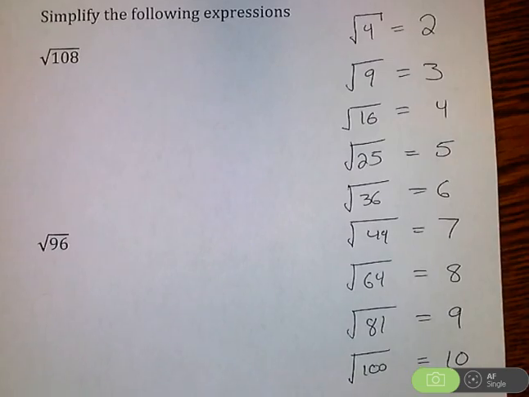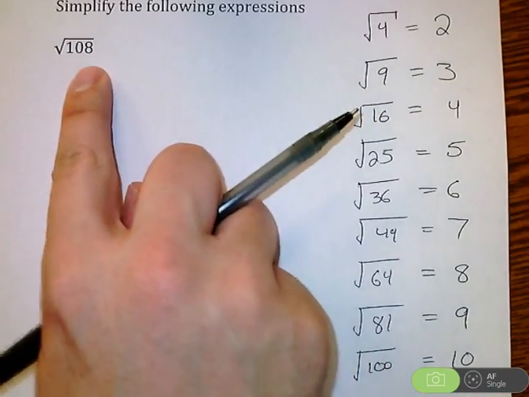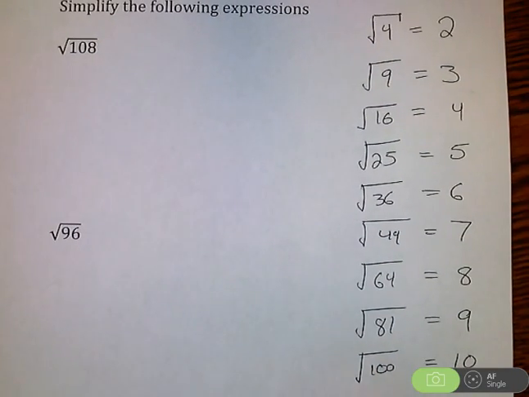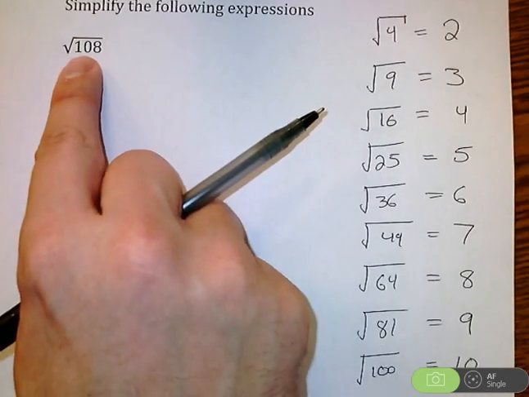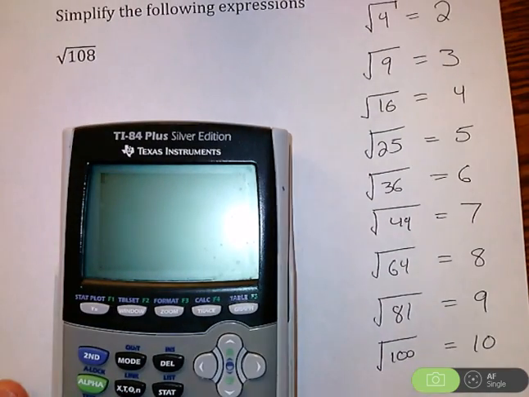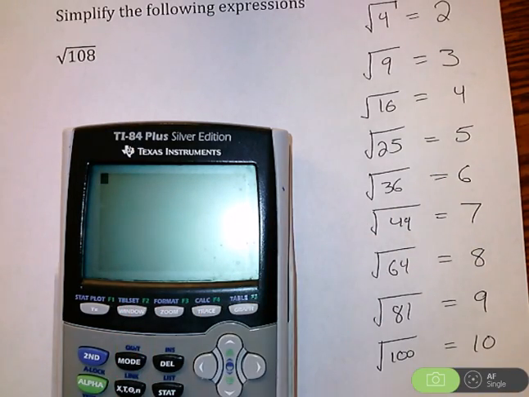Now how we're going to do that is we want to start from the bottom of our list. So I want to start with the first number on this list that's just smaller than 108, like 100. I'm dealing with inside the square root. I want to find what number in this list on the left can divide into 108 nice and evenly, meaning I don't want a decimal answer.